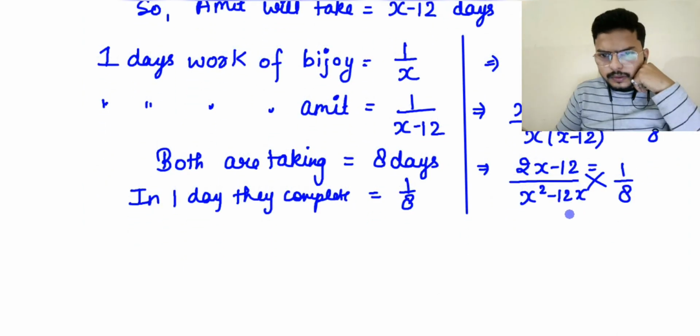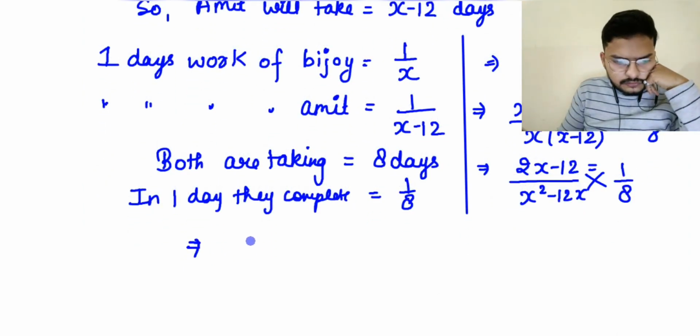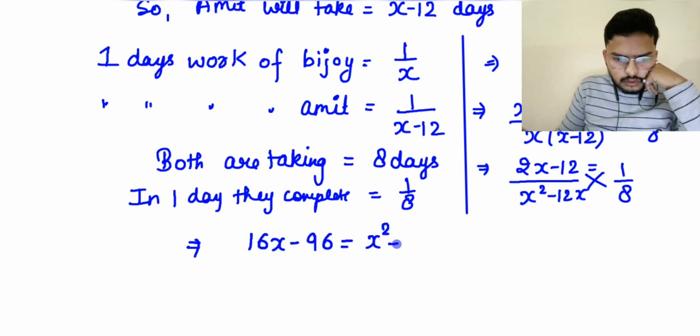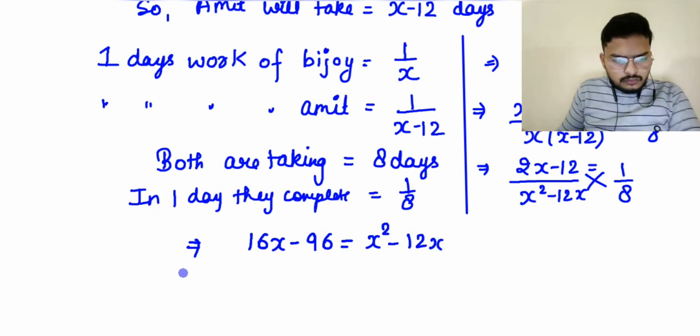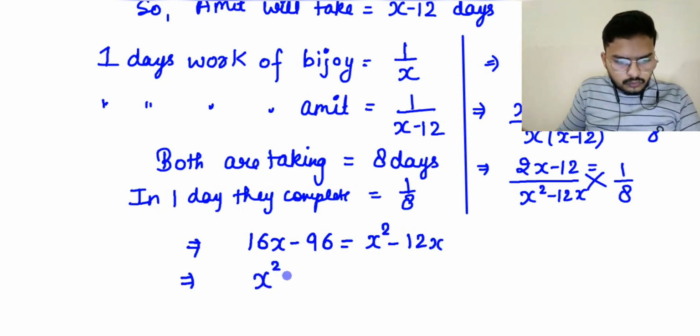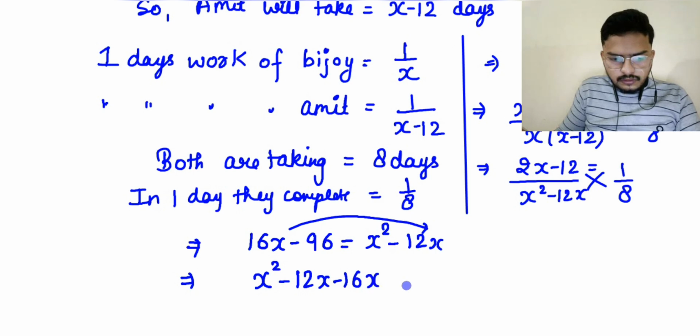Now how can you solve this? Just solve this by cross multiplication. So 16x minus 96 equals x square minus 12x. Take this 16x to the other side: minus 12x minus 16x plus 96 equals 0.